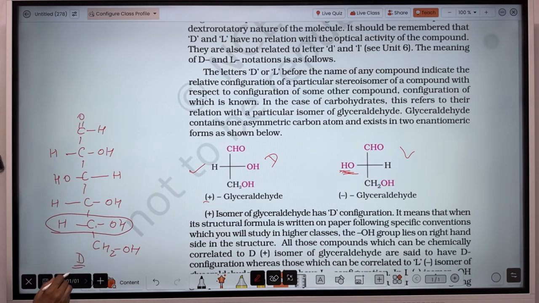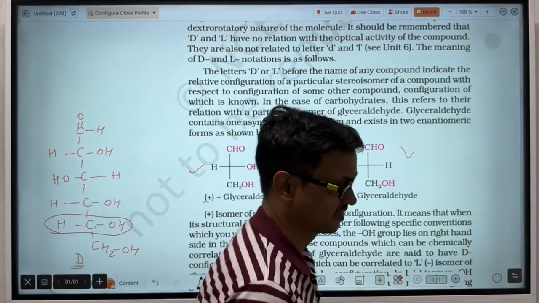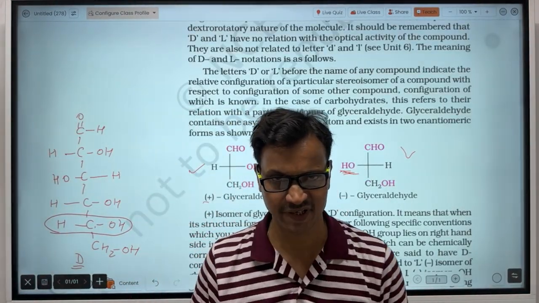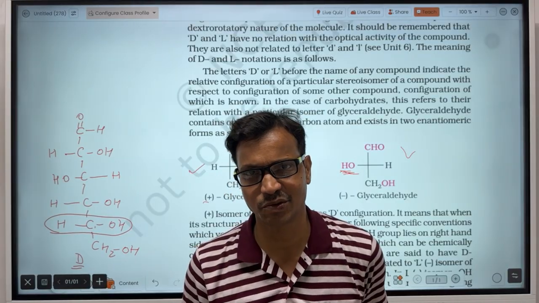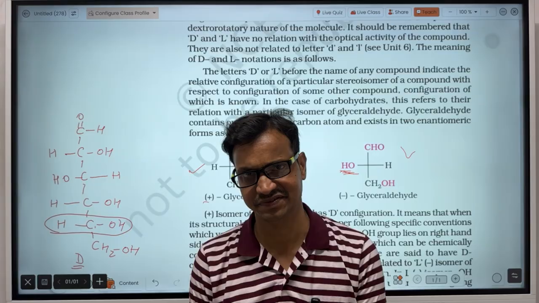And the plus sign is indicated for glucose because glucose is a dextrorotatory compound.